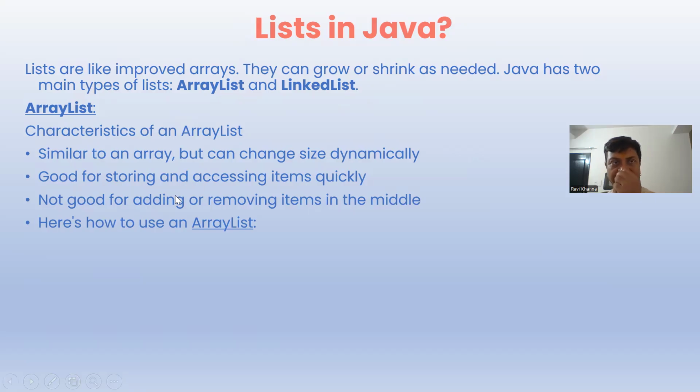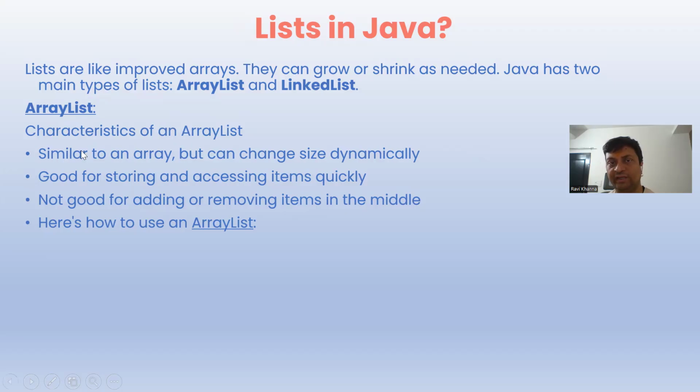Now, the characteristics of an ArrayList. It is similar to an array, but it can change its size dynamically. It means that you do not have to decide the fixed size in the initialization part like we did for an array. Here you can grow the size as per requirement, and you can decrease the size as well, dynamically.